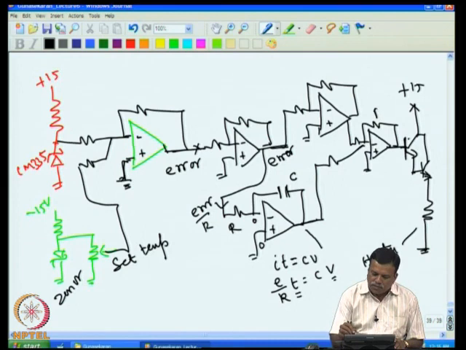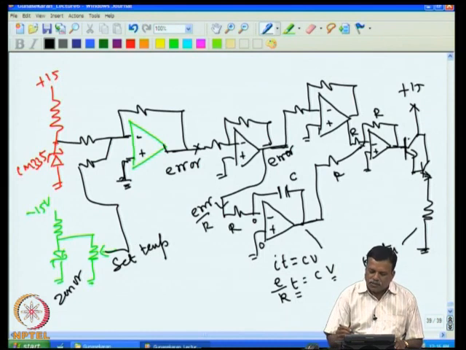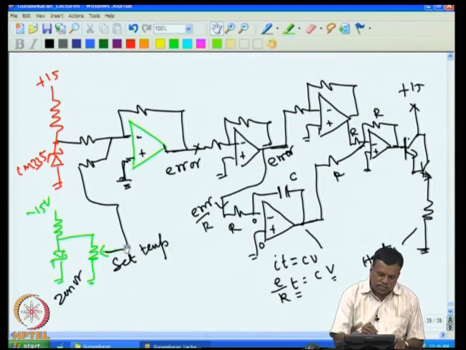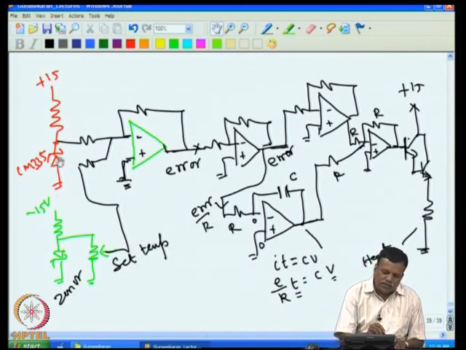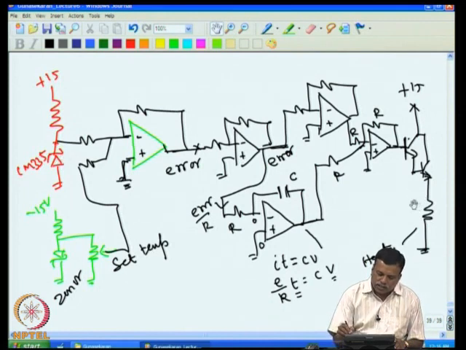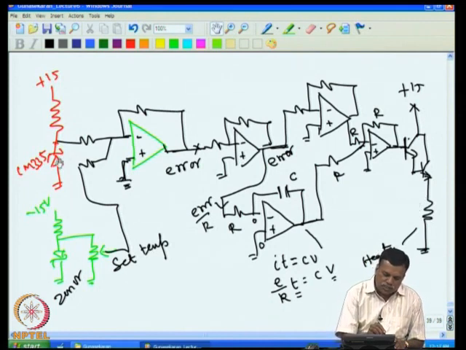So I will put these values equal, all three equal. Then whatever voltage is here will be added with whatever voltage is here, and added with this voltage, and that will appear here. But initially, when you switch on the system in the morning, you will find that you had set 70 degree, and this is at 25 degree.